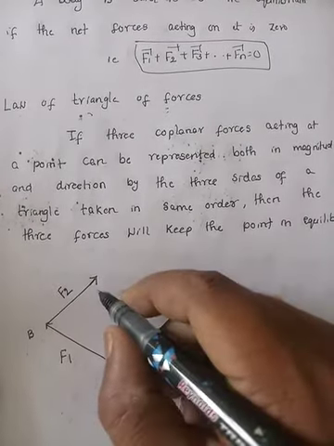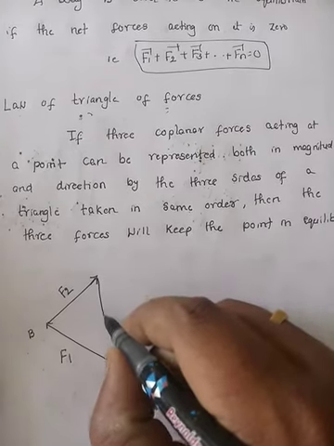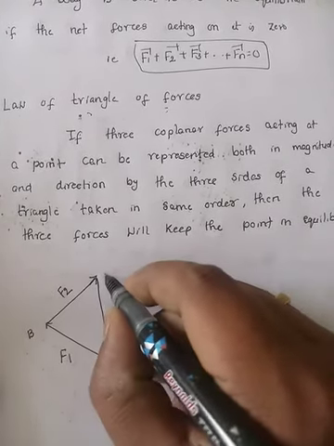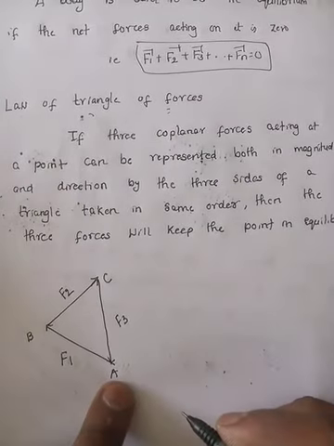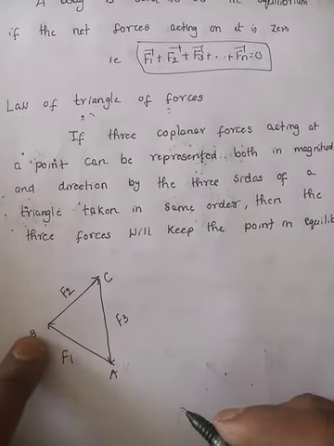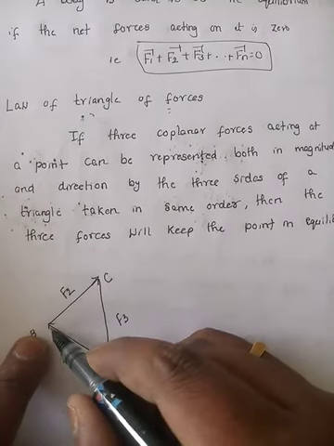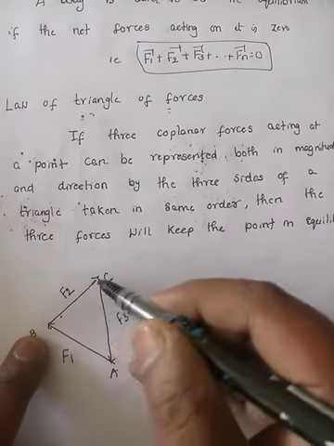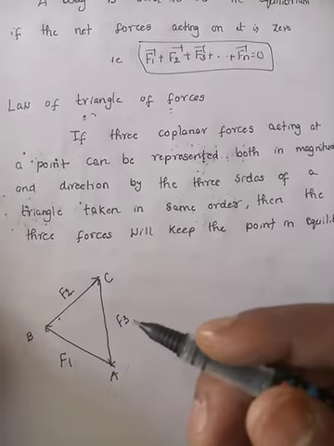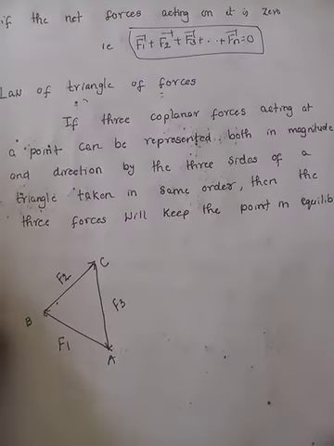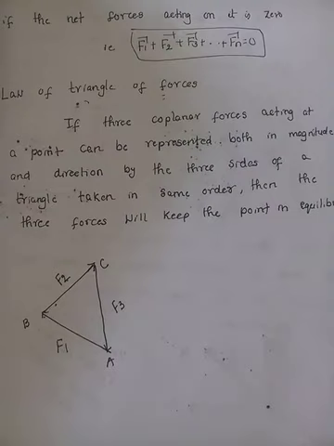In the same way, this is CA, that is F3. So we started from A. This is the direction of the force. B is connected head to tail. The force acting is F2. Same way, F3. Now if you arrange it in this regular order, then they are saying that the point at which it is acting is in equilibrium.